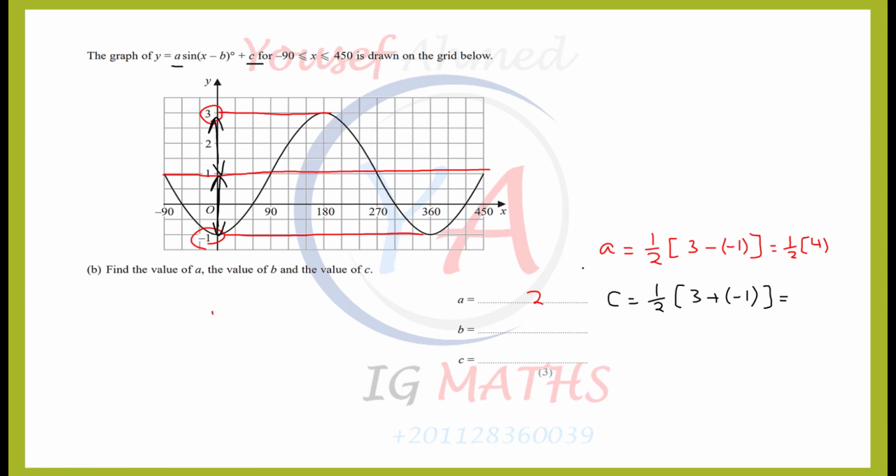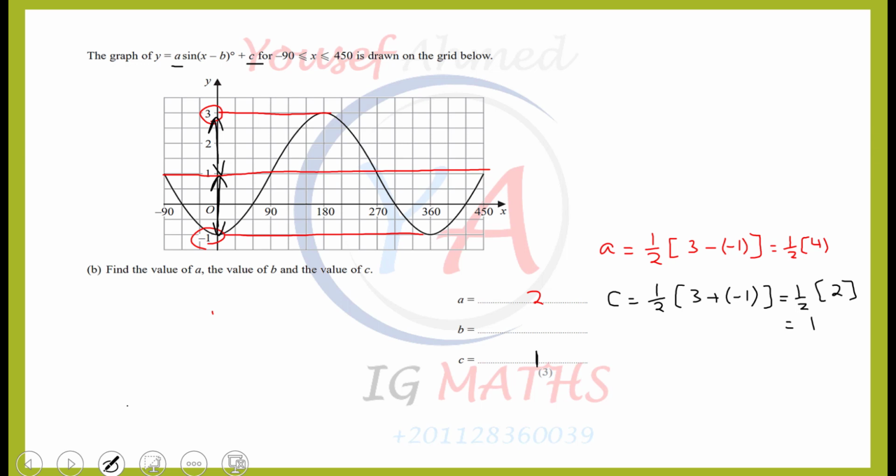We need to check from the original curve. It was supposed to be on the x-axis and now has been shifted how many steps up. Or you can just do it from the formula. It will be half times 3 plus negative 1, which is 2, so half of 2 equals 1. So the value of c now is 1.